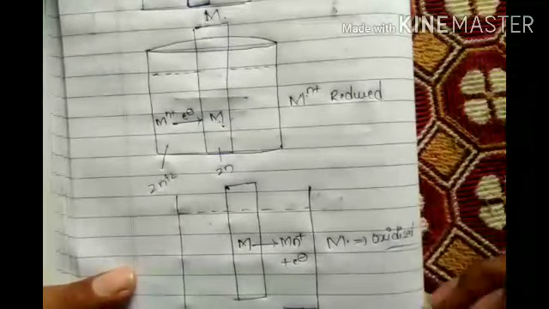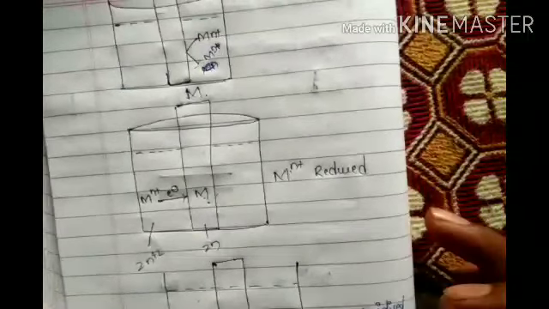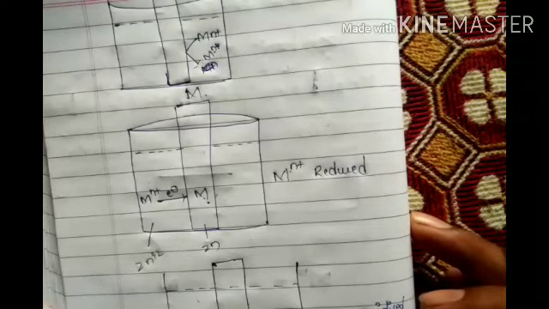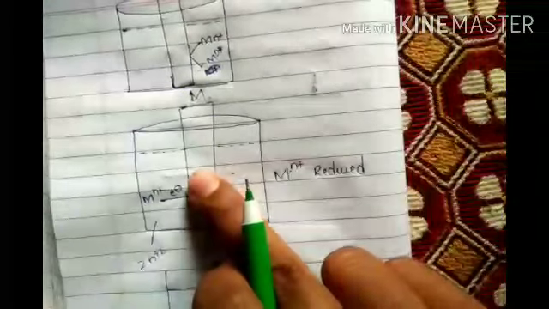Where oxidation is going on, where reduction is going on, we have to know. That's why, for clarification, I am showing electrode potentials with the diagrams. The solution is taking electrons and becomes a rod, and sometimes the rod is losing electrons and becomes a solution.